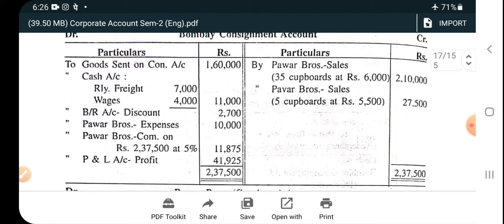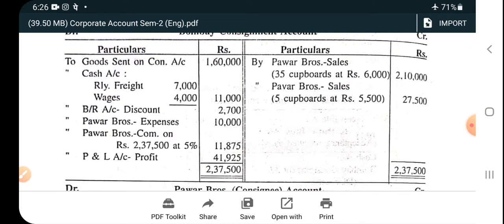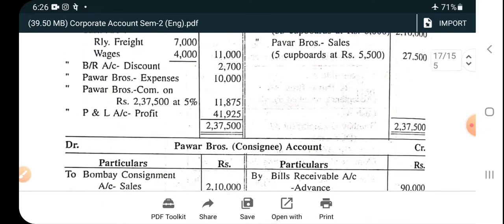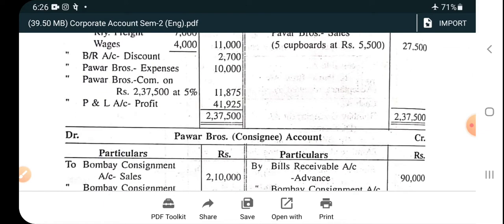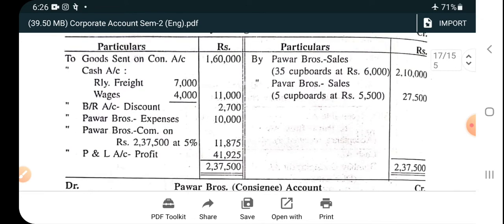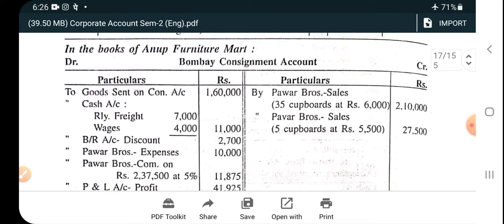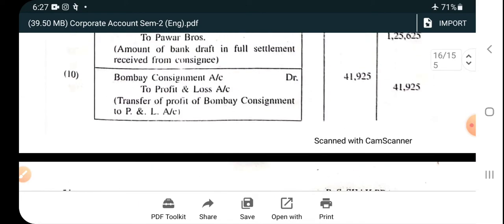From this total, we deduct 1,60,000, that is goods sent, 11,000 expense paid by consignor, 2,700 commission, expense paid by consignee 10,000, and commission paid to consignee 11,875. So the difference is 41,925. For this difference we write the journal entry: consignment account debit to profit and loss account credit.